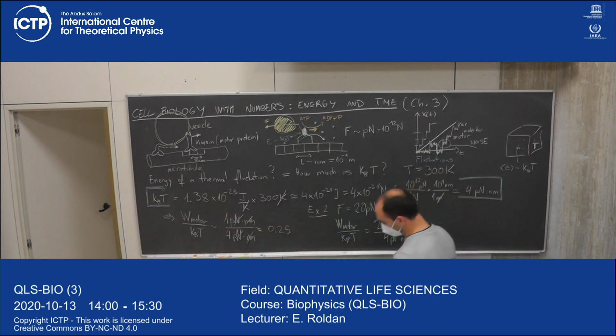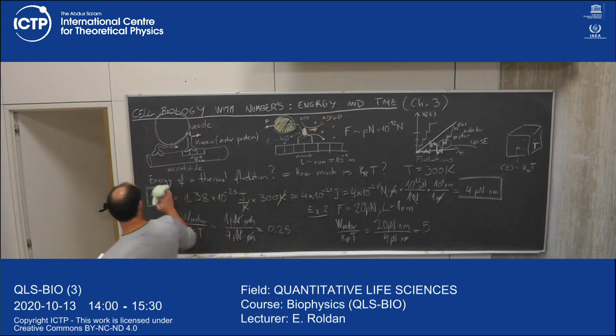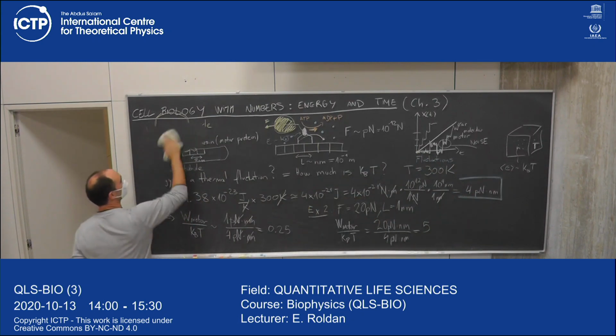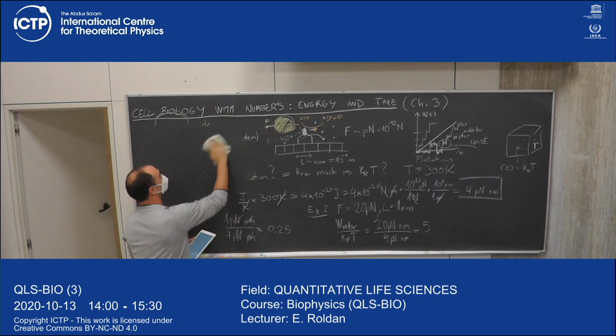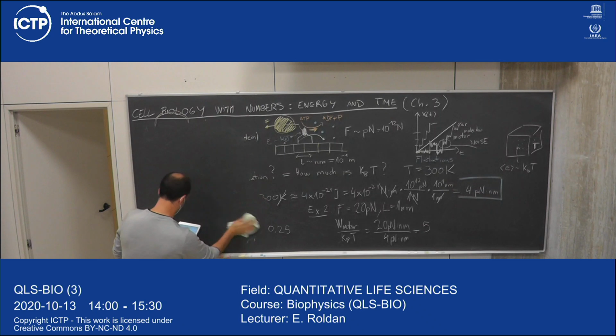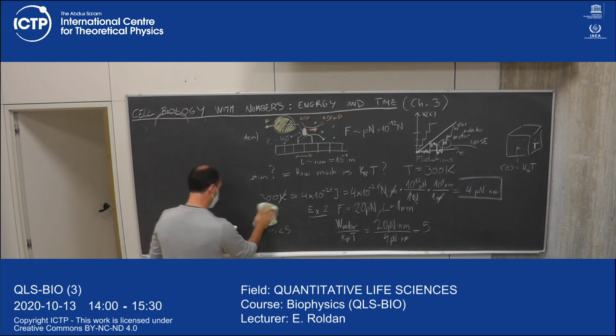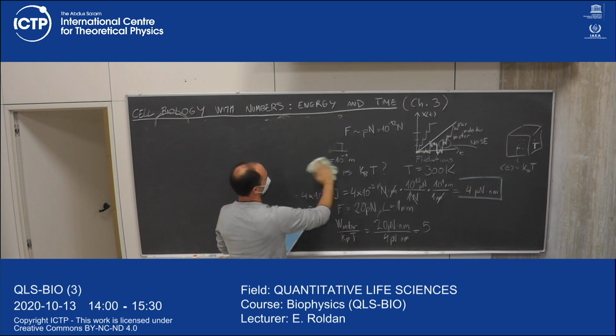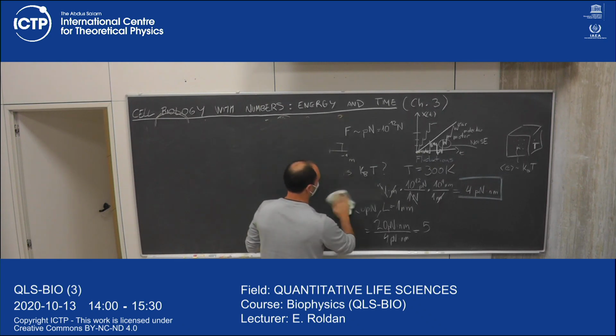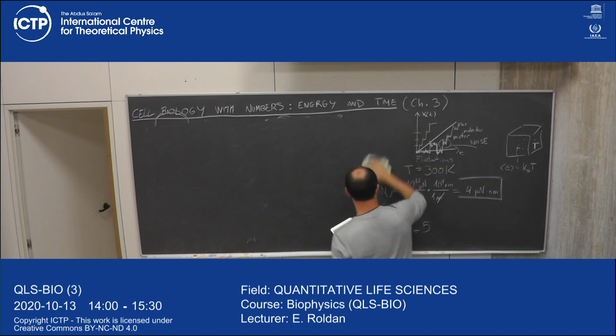I'll show you another interesting number related to kBT, which is concerning also transport in the cell, but at a larger scale. So the next example is for cell motility driven by polymerization of actin, which I discussed in the previous lecture as well a little bit.